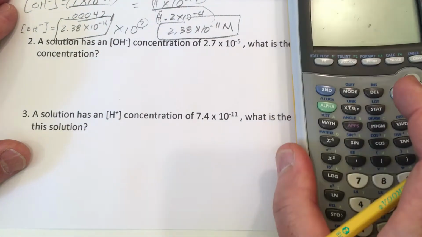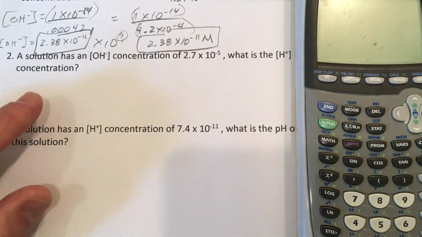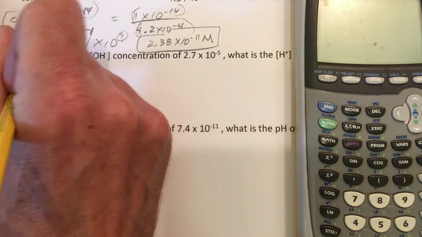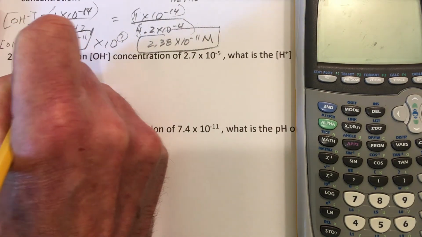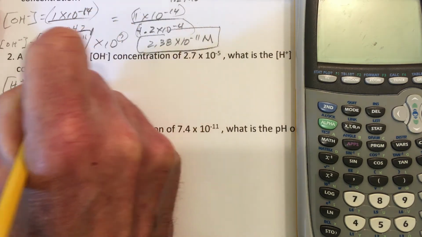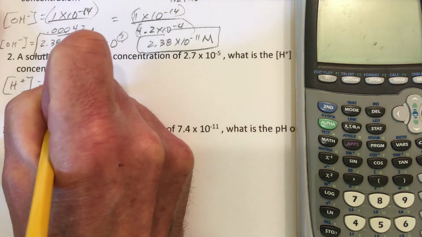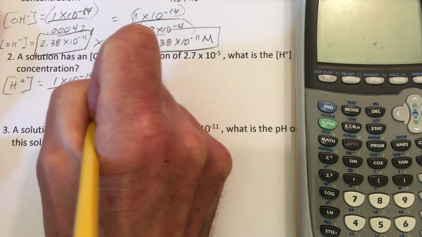What is the H plus concentration? So here I want to know the H plus this time. So the H plus will equal 1 times 10 to the negative 14 divided by the OH minus, 2.7 times 10 to the negative 5.